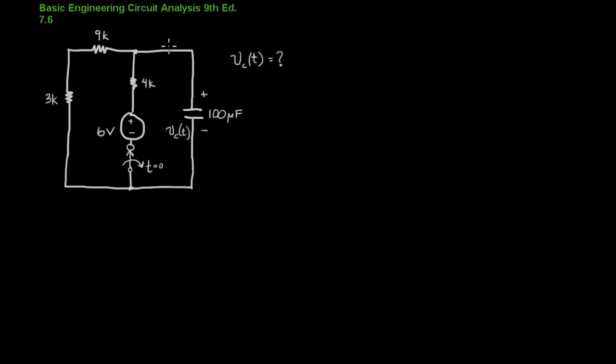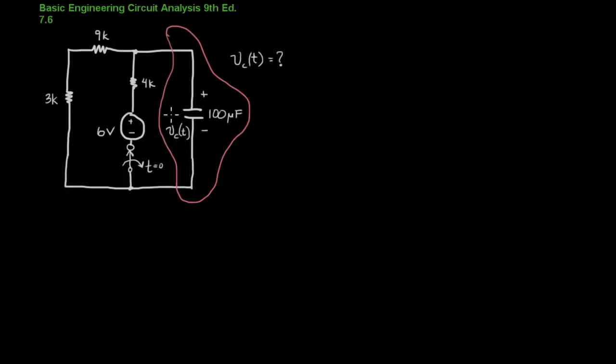Because the capacitor is open, we can say essentially that this entire branch of the circuit has no current flowing through it, which means that the battery at this point in time is providing a current only to this side of the network. Based on that, we can then solve for Vc of t.